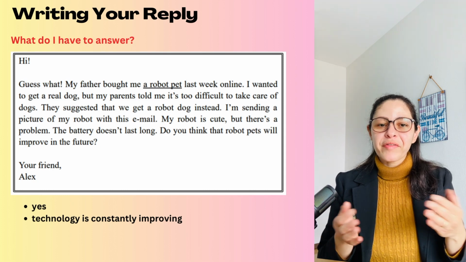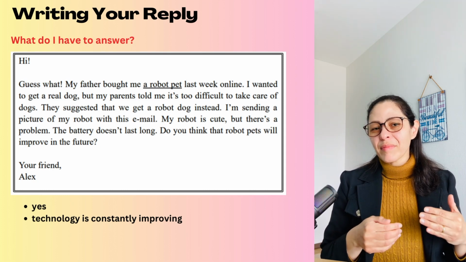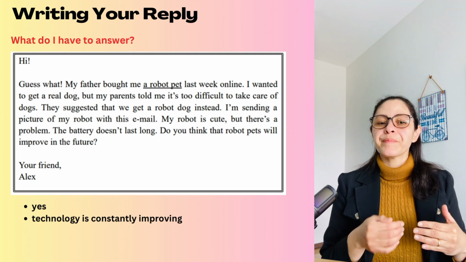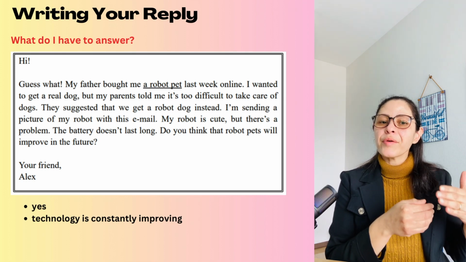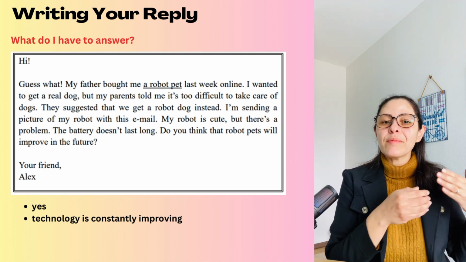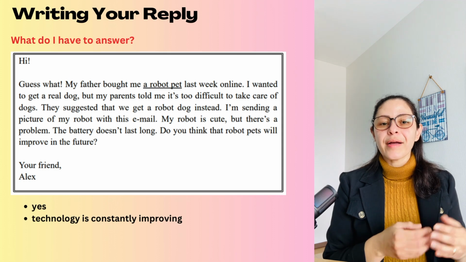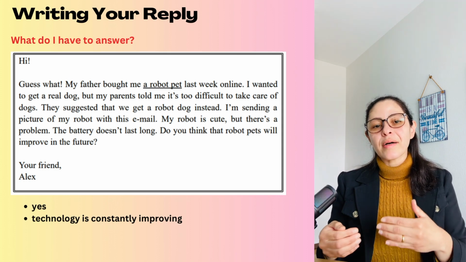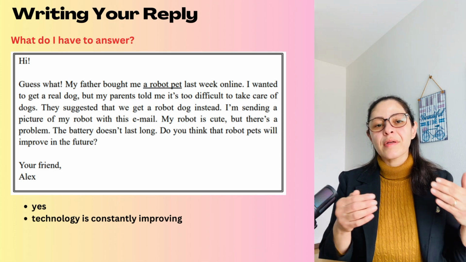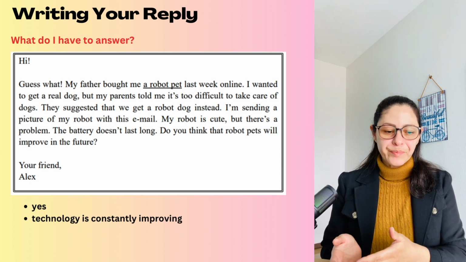Just like, for example, if you enjoy playing video games, if you play it for the first time, maybe you are not so good. But if you keep playing, you will get better and better at it. So that's when you are improving, you are getting better at something. So I think that technology is constantly improving, is always getting better. That is my reason, okay?